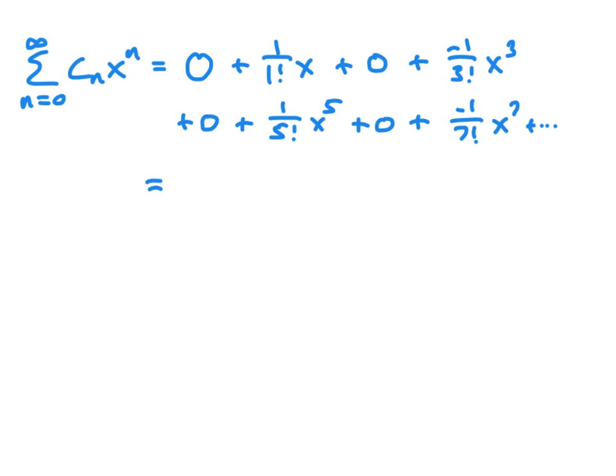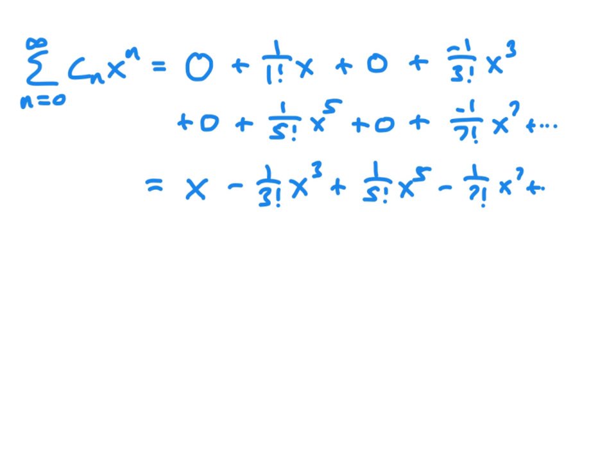If we then rewrite this without all of the 0 terms, what we see is we have 1 over 1 factorial times x, which is just equal to x. We have plus negative 1 over 3 factorial, so we could write that as minus 1 over 3 factorial times x cubed. We can add to that 1 over 5 factorial, x to the 5th. And then subtract 1 over 7 factorial times x to the 7th.